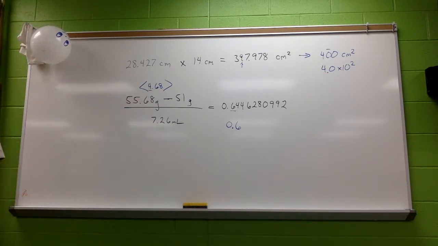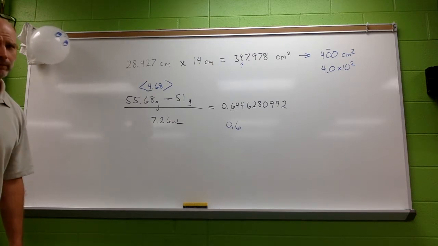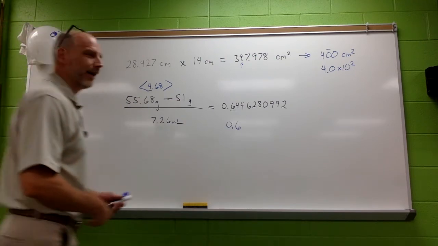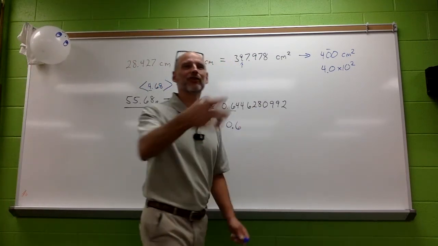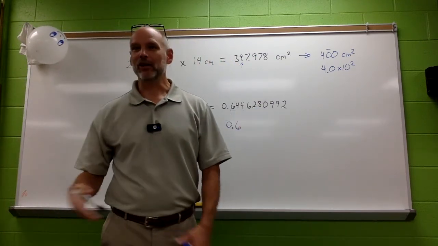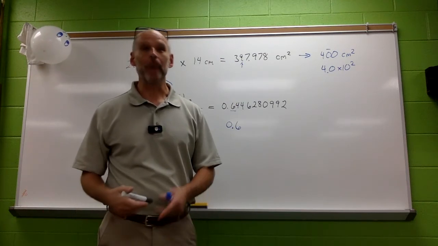Okay, unit. I had a question first. Unit. Grams what? There we go. Thank you. We have to touch base on this. I know you guys know this stuff, but sometimes you forget.